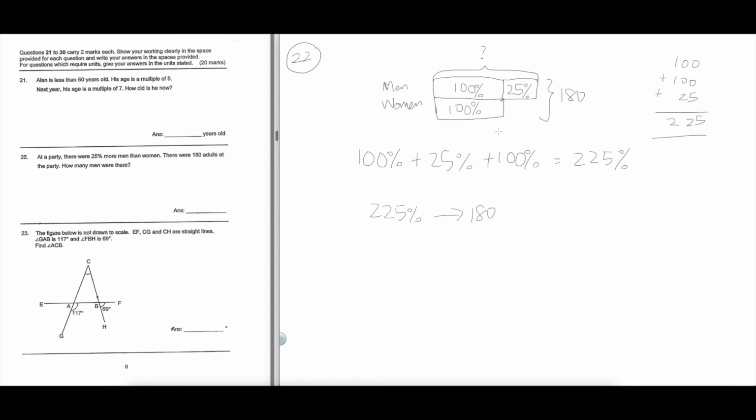How many men were there? Men is 125%, right? So let's just find it straight away. We do a divide here, then we do times here. Okay, so it's 180 divided by 225 times 125. Okay, the over sign in fractions is the same thing as divide. Got it? So let's divide by 5 for both first.